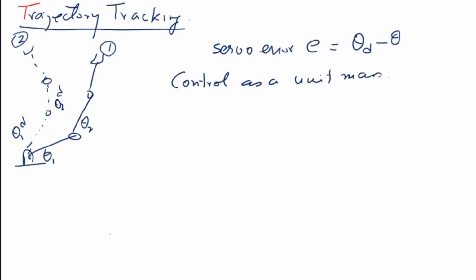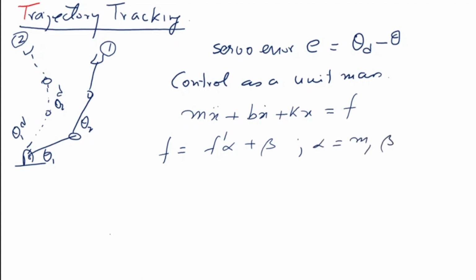In the last class, we also looked at how to reduce the spring mass damper system to the control of a unit mass by doing partitioning. We looked at m times acceleration plus b x dot plus kx equals f, and we said this f is made up of two parts: f equals alpha f dash plus beta, in which alpha is equal to m and beta is equal to b x dot plus kx.